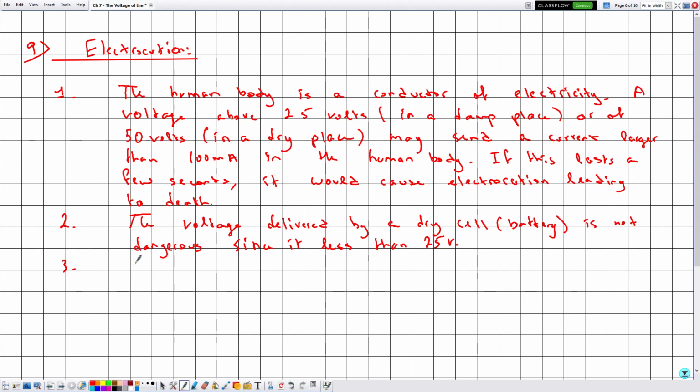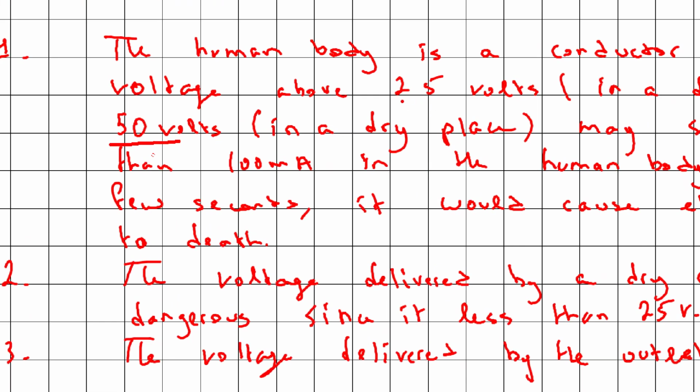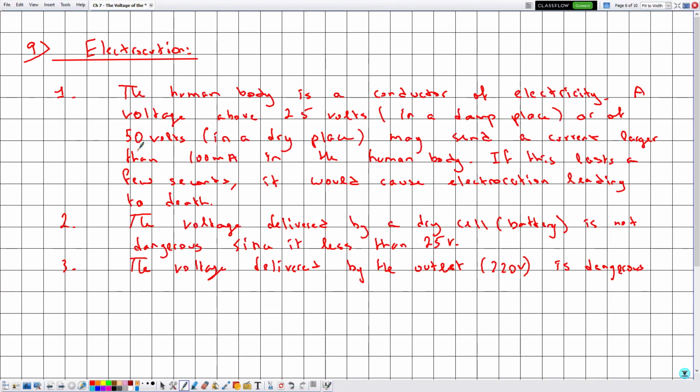And let me write here the voltage delivered by the outlet of the mains, which is given by 220 volts of an effective voltage, is dangerous, because in this case this amount of voltage is greater than 50 volts, 25 volts and even 50 volts.